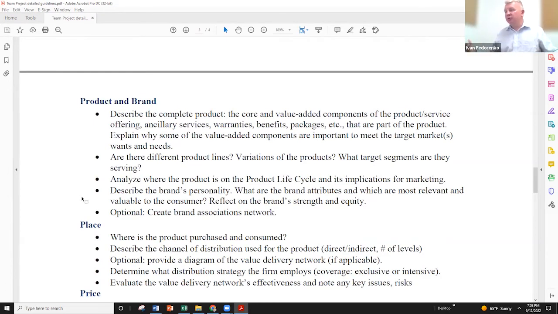Like if Apple is making hundreds of types of devices, you will need to narrow down on one of them. If you decided to study Disney, which has Disney Plus, cruises, theme parks, and all, pick one product and analyze it in full detail.